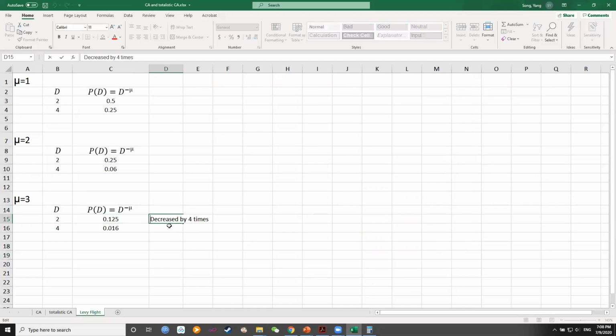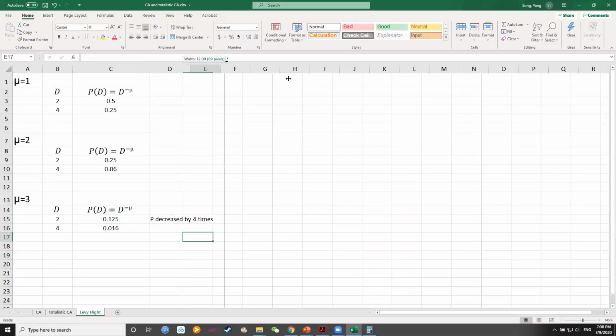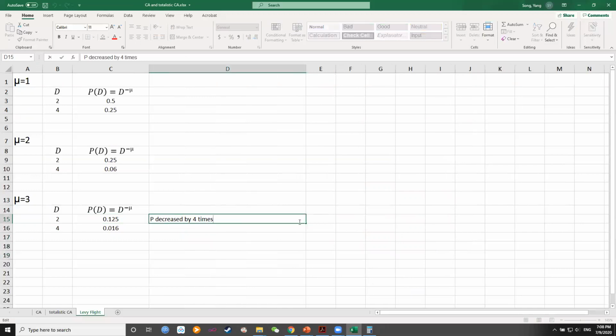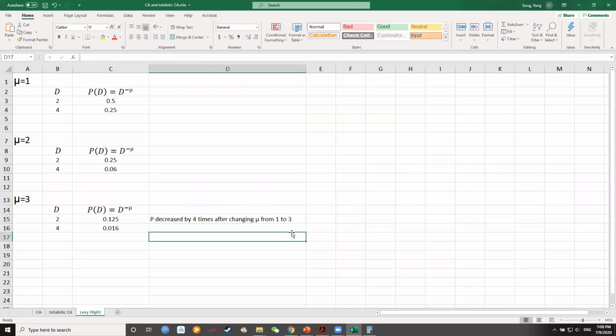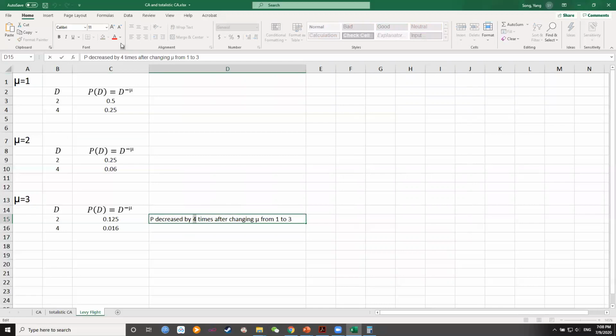Let's make it even clearer. P decreased by 4 times after changing mu from 1 to 3. Okay, 4 times.